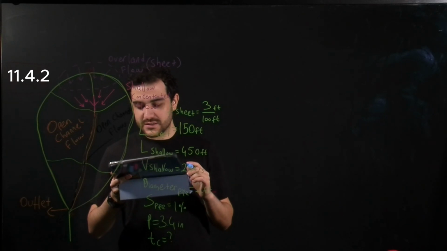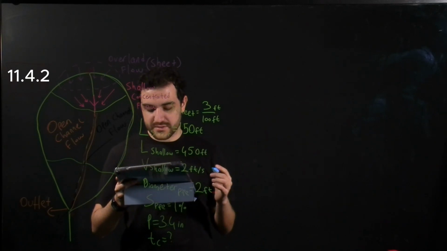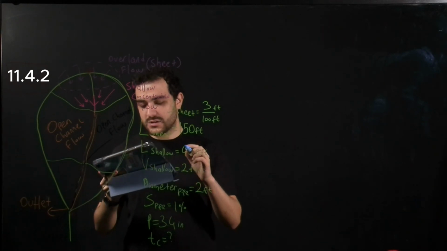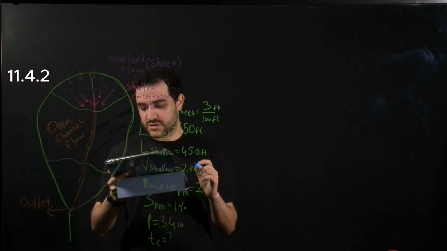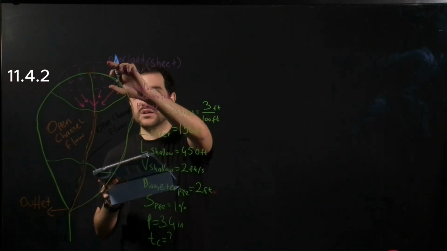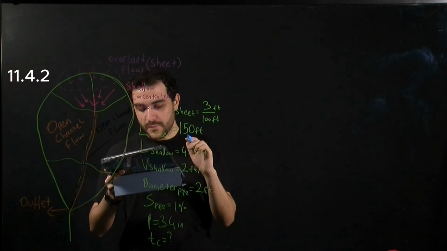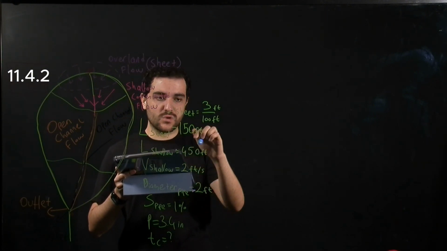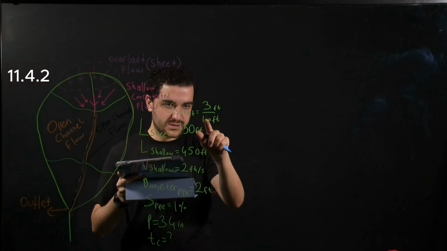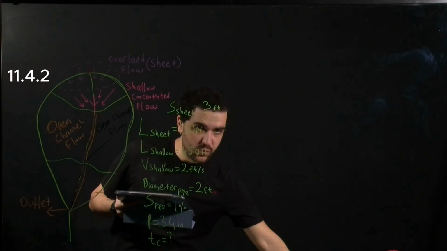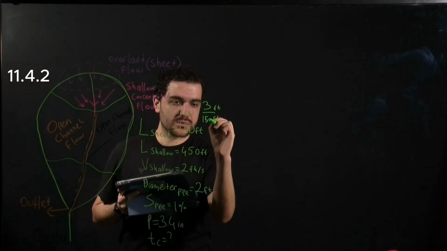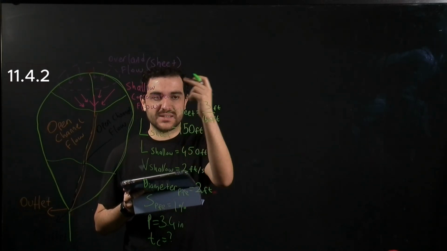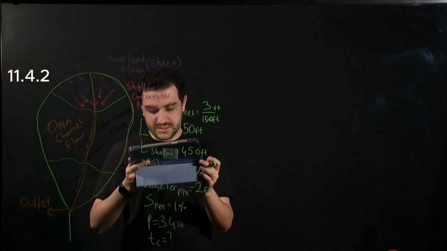The hydraulic length or longest flow path for a watershed is 2,800 feet. Along this path, the flow initially travels over the land surface, which is overland flow, and it drops 3 feet in elevation over 150 feet. So we have a slope in this sheet flow of 3 over 150.